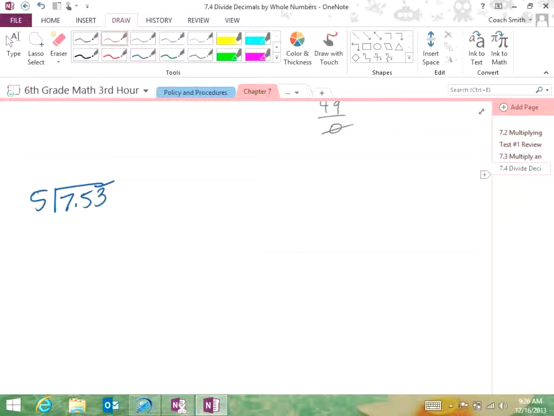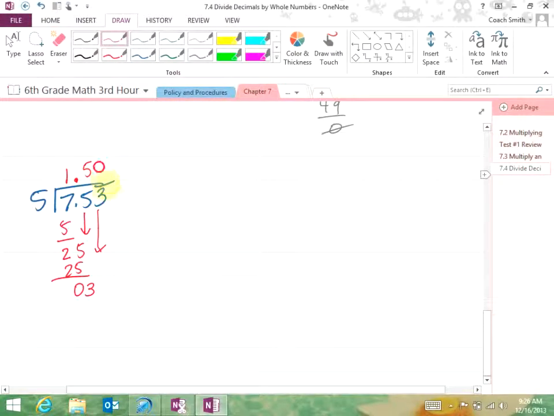Now that I've actually figured it out in my head, this is a little different than what we've been doing. We have 5 into 7 goes one time, 5, remainder 2, bring down your 5, bring up your decimal. 5 into 25 goes how many times? 5 times. 25, remainder 0, bring down your 3. 5 goes into 3 how many times? 0 times.